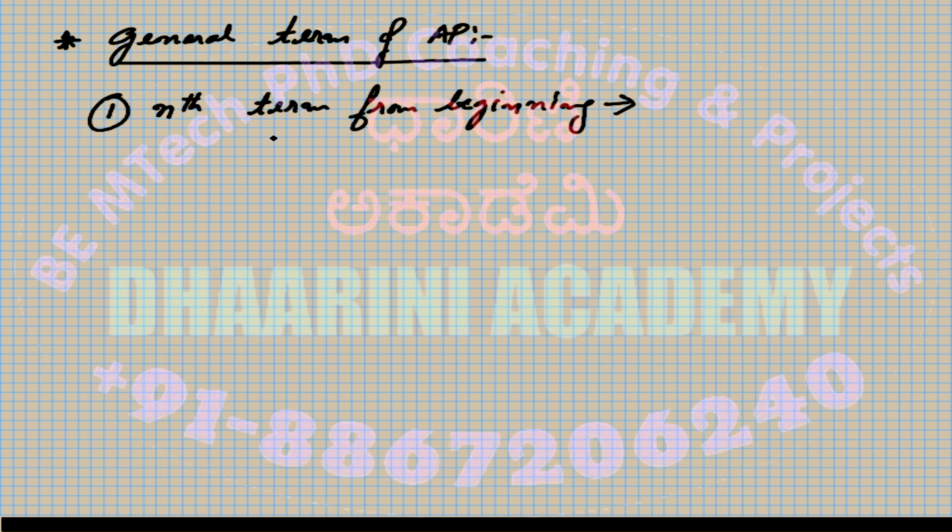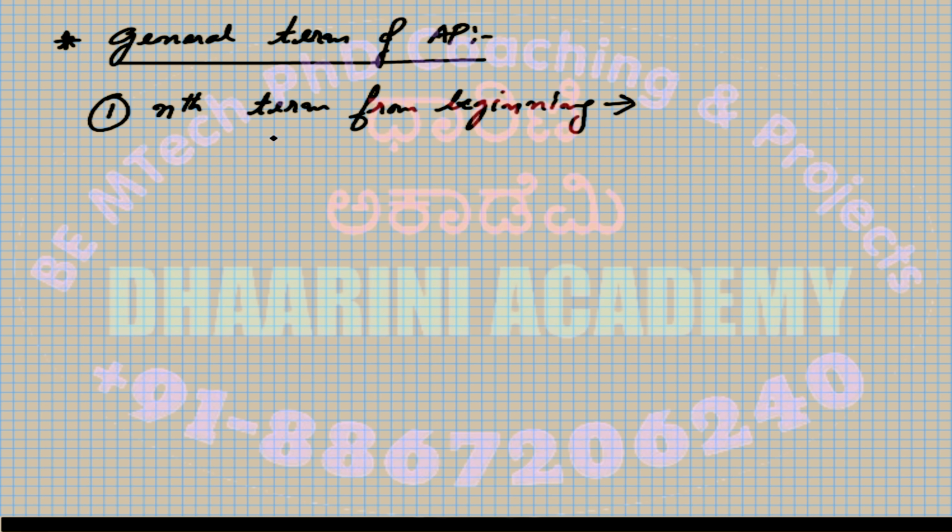So T1 dash is nothing but L. Then let me write the second term. Let's denote this as T2 dash. So T2 dash is, I have a term, I divide by R, I get the previous term. So this has to be L by R.